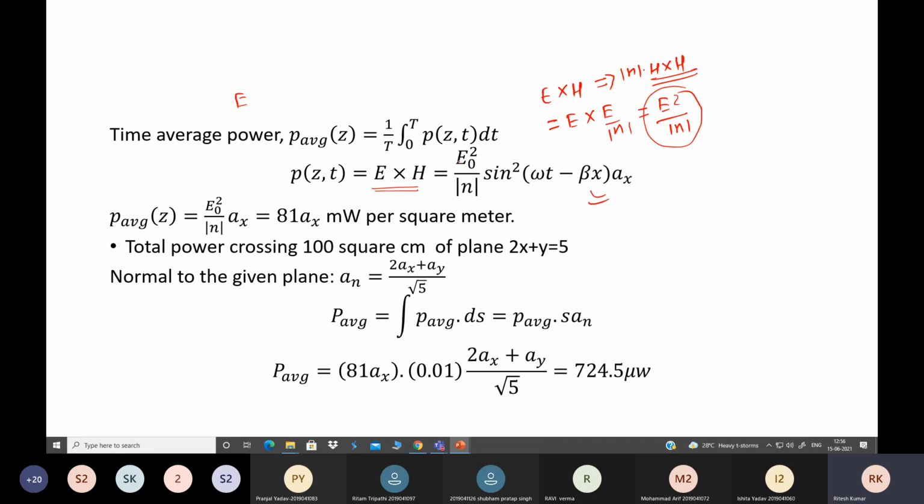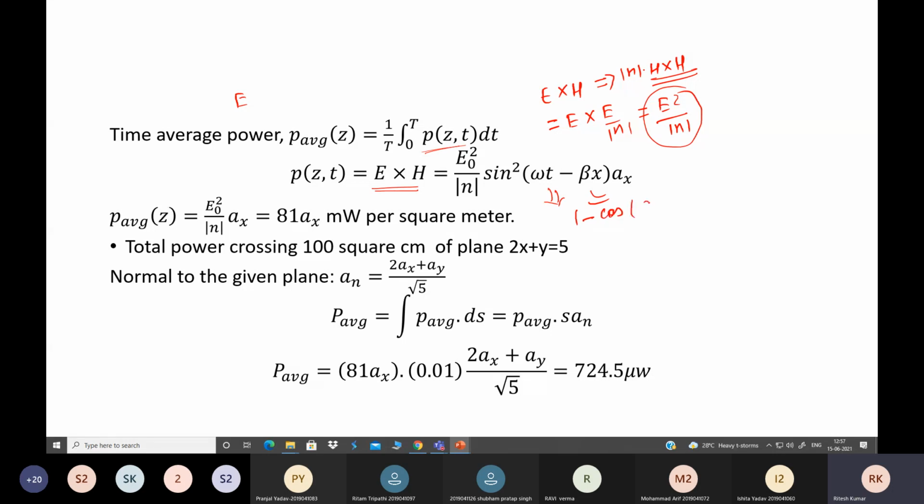These parameters are known to us: E naught is 4, omega is known to us, beta is also known to us. So this is the time average. Now what is the average of this? When you find the average, you apply the integration; we have calculated the instantaneous value. Sine squared can be converted into 1 minus cos 2 theta.